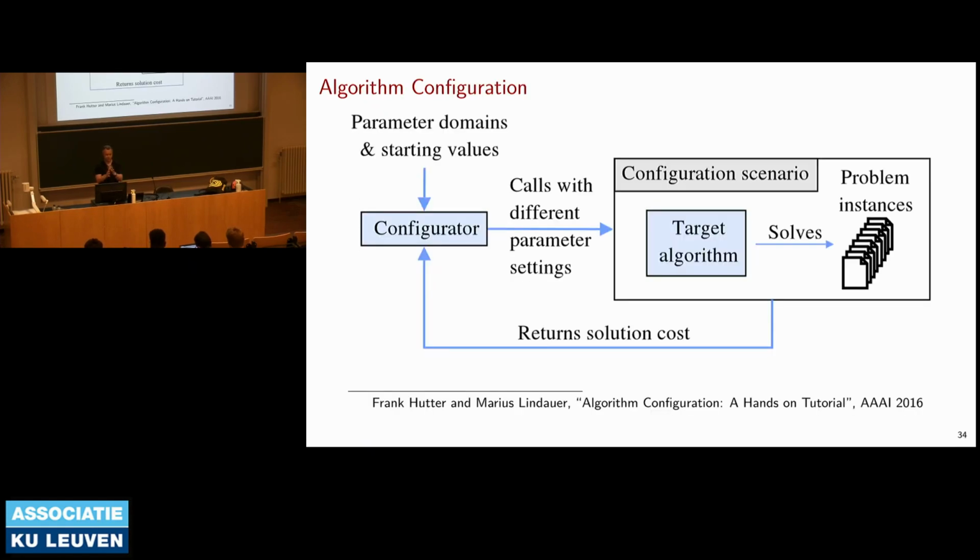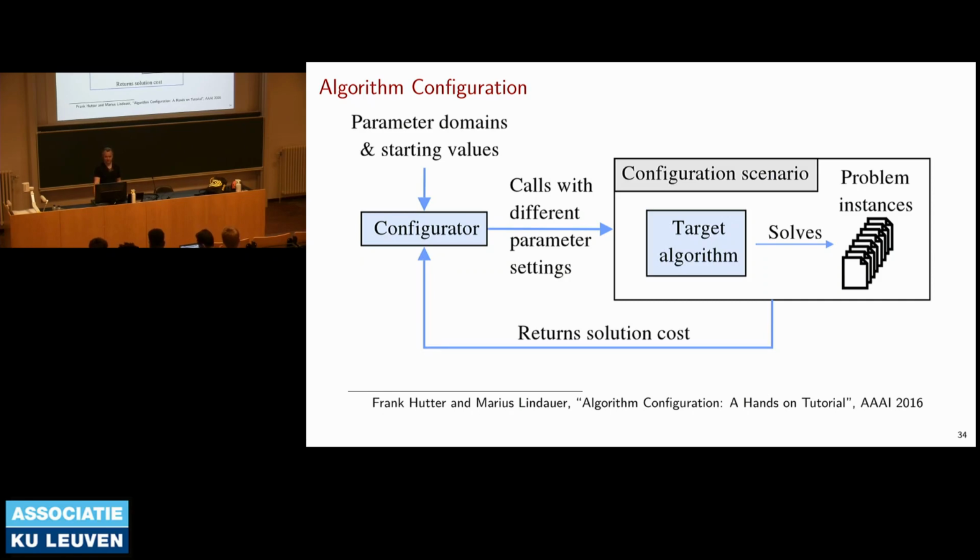In principle, this is what we want to do here. We have some kind of configurator, and the only thing that we have to specify as the user is really the parameter values and what these different parameters are, how these can be set, and ideally also dependencies between them, as in, if you set this parameter, this other parameter has to be this particular value, these kinds of things.